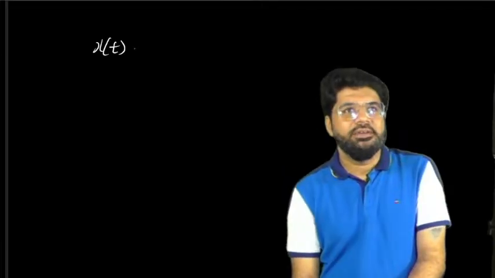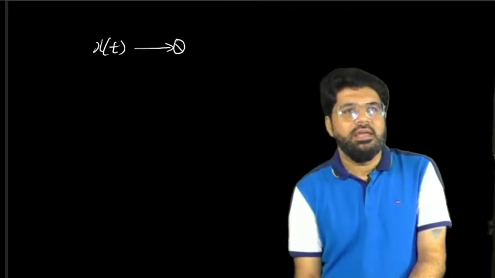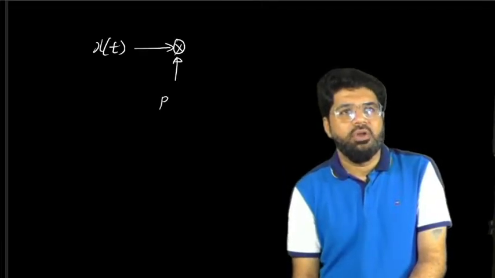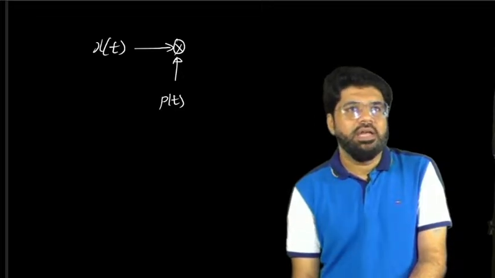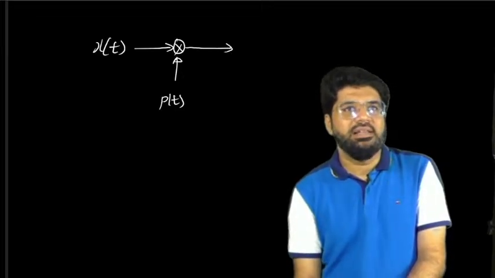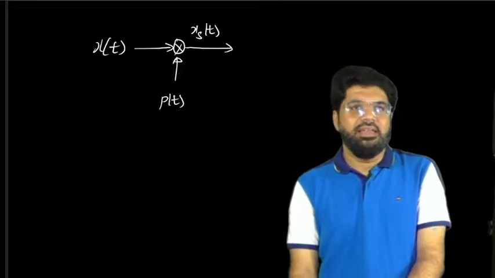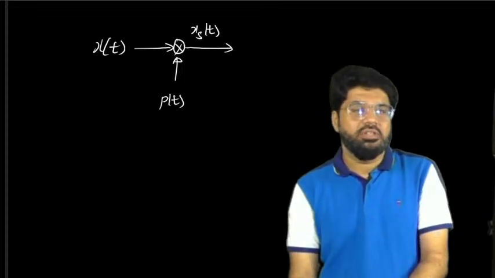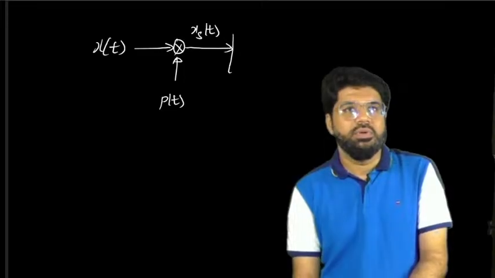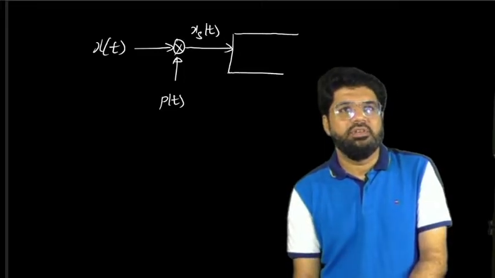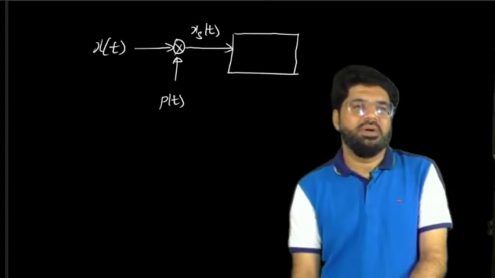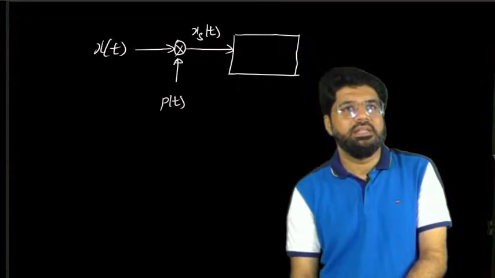So see, x(t): we first multiply by the periodic impulse train p(t) to get the sampled signal, which we call xs(t). And for perfect reconstruction, what we normally do is pass this through a filter, normally an ideal low pass filter, but here some other filter is mentioned.